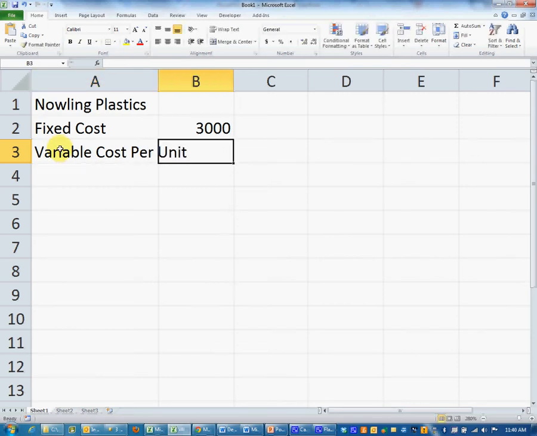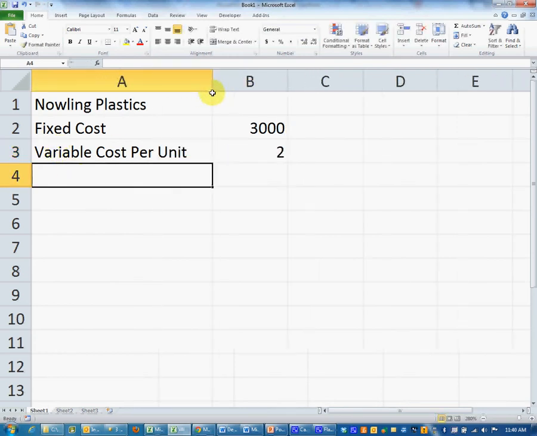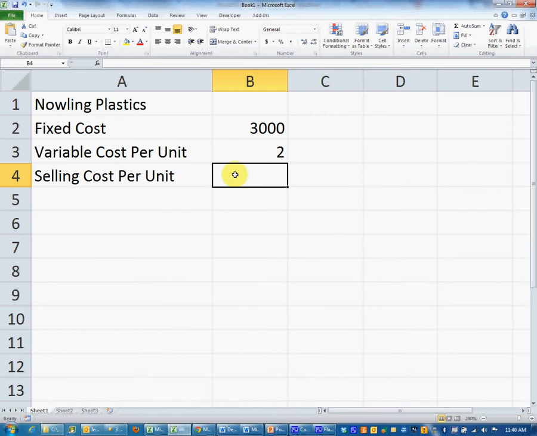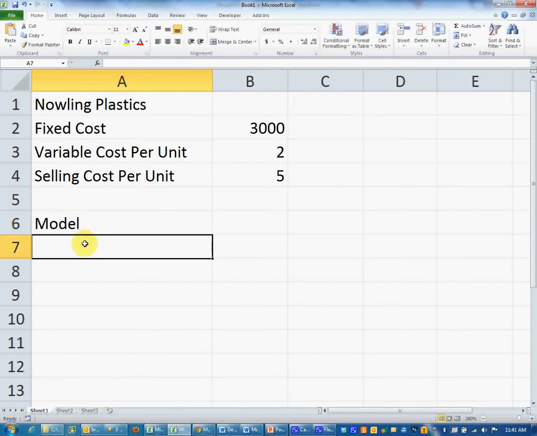Anybody remember? 2. And the selling price per unit, I don't think I've read that part, is $5. Okay, so now we're going to model it. You don't always have to label it model. I do just because it's the first one. So the production volume, that's what we don't know.